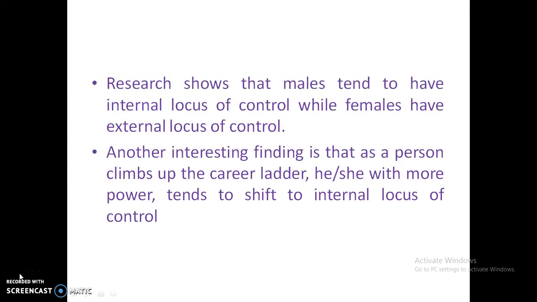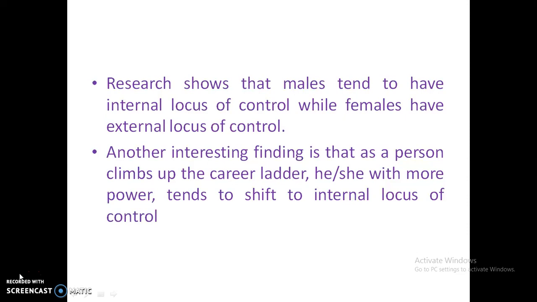it's very difficult to motivate such people. There has been a lot of research on this, and one of the studies done on locus of control shows that males usually tend to have an internal locus of control, while females tend to have an external locus of control.